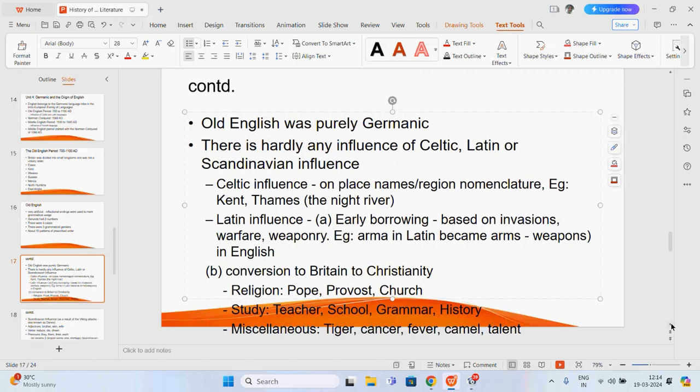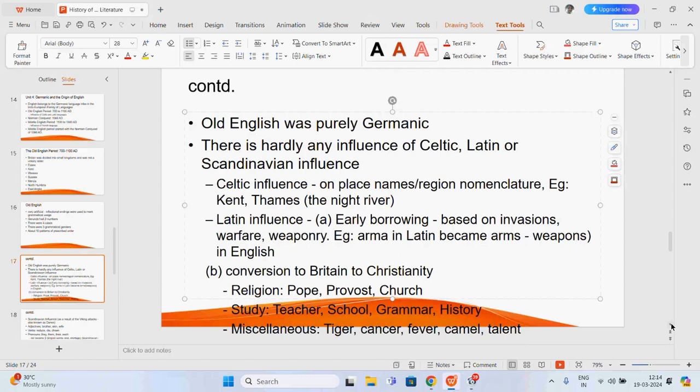For example, words like Pope, Provost, Church, these are all words dealing with religion based on Christianity, and these came to the Old English language. Words from the field of study, teacher, school, grammar, history, these are modern words. These are again a result of the Latin influence.